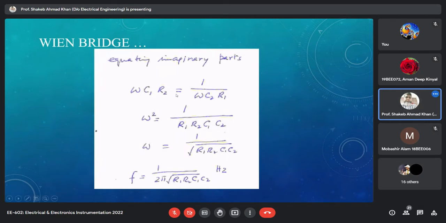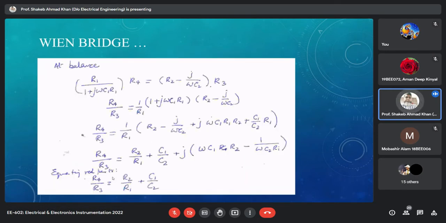That will fetch us this equation. And finally you can see that this is the equation through which we'll get the frequency. So this is a very simple derivation. With this formula we can find out the frequency of the supply.